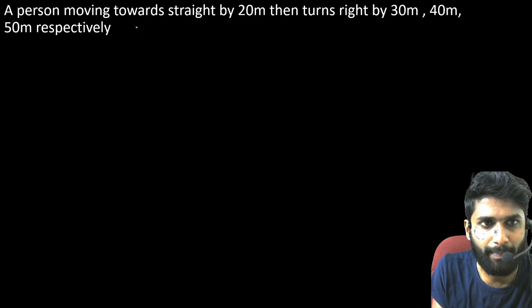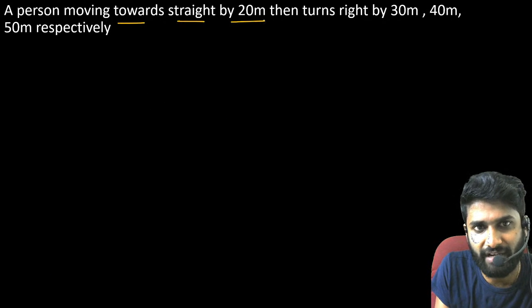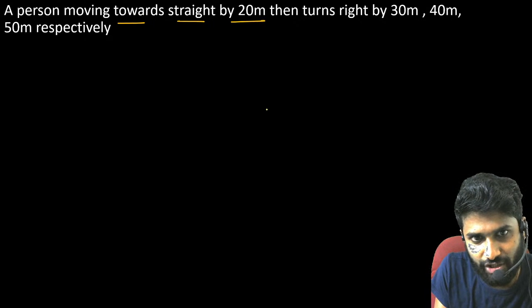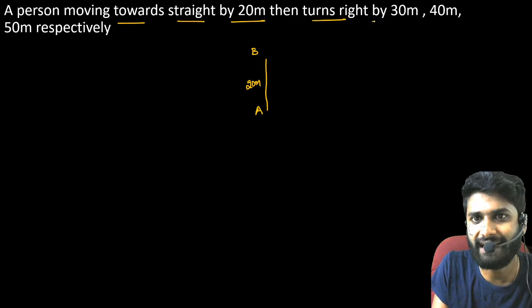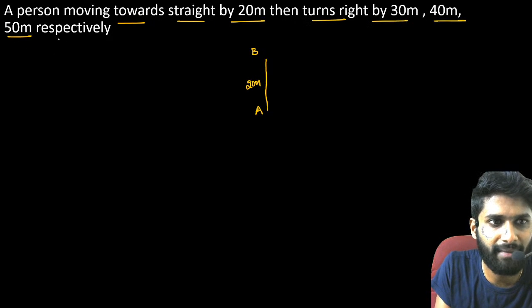Now a person moving towards right by 20 meters. What is the meaning? A person was traveling towards right by 20 meters. I just indicate the starting point A and this is point B. So the distance is 20 meters. Now he turns right by 30, 40, 50 meters respectively.